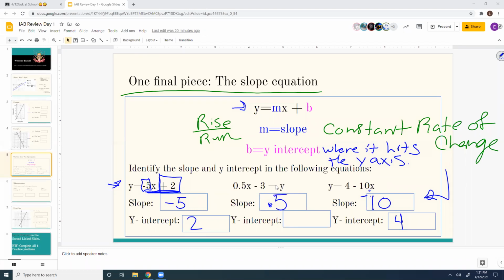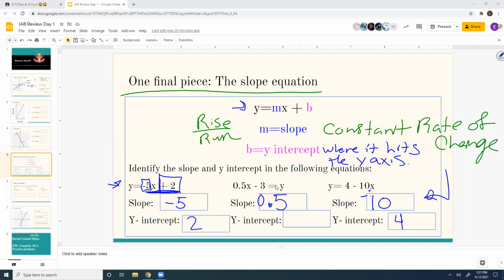Isaiah, do you agree? He said the slope was 0.5. Isaiah agrees. The order on this one's a little bit weird. Why is the slope 0.5? Olivia: because it's attached to the x.